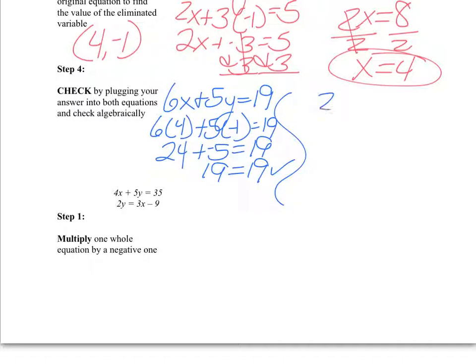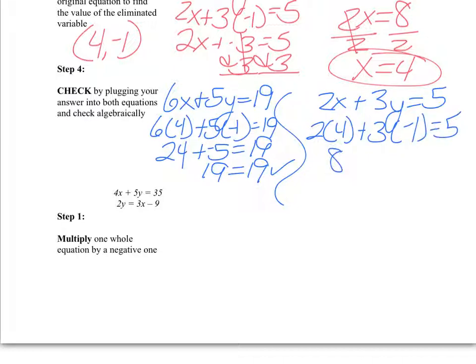Second equation, 2x plus 3y equals 5. 2 times 4 plus 3 times -1 needs to give me 5. 8 plus -3 needs to give me 5. 5 equals 5, and my answer checks. So both my answers checked, so therefore I know my answer is correct.